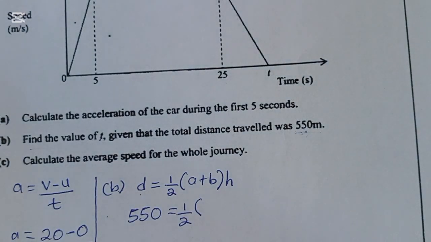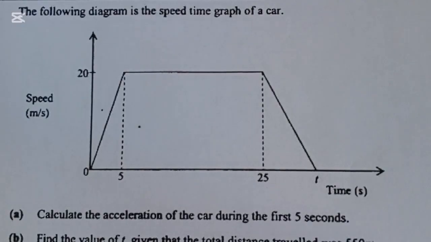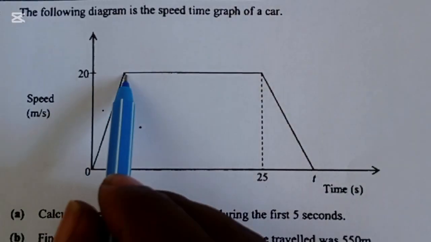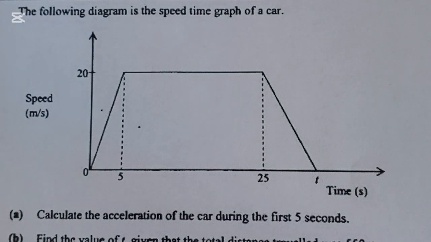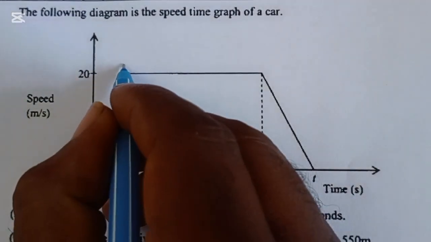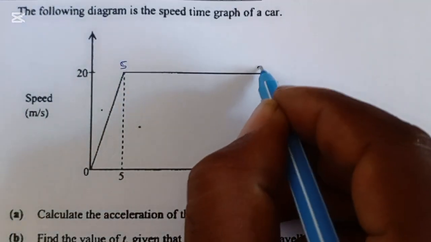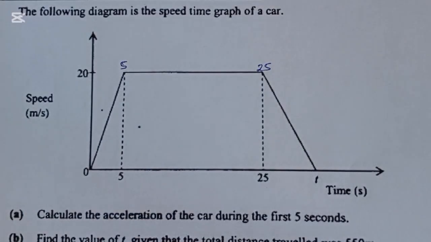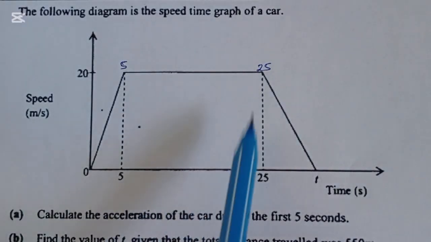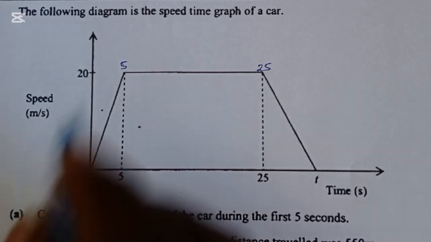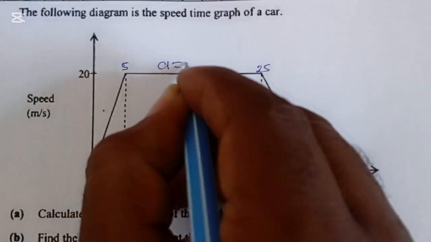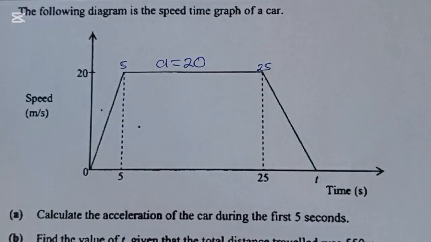So let's now look at the value of A, the value of B, and height. For the trapezium, from 5 to 25, that is where the value of A is. So this is 5, this is 25. To get the value of A, you subtract 25 minus 5. The answer is 20. So the value for A is 20.